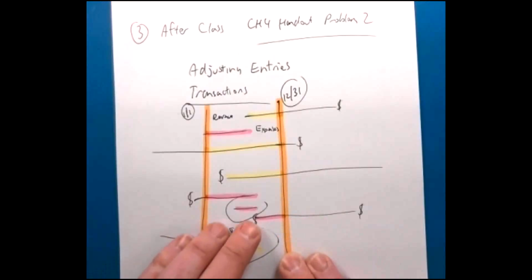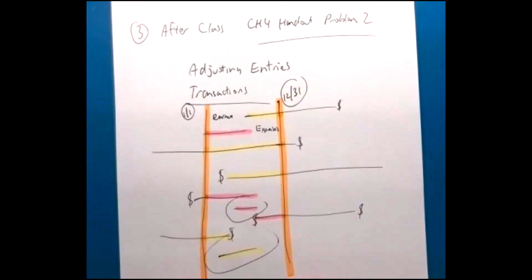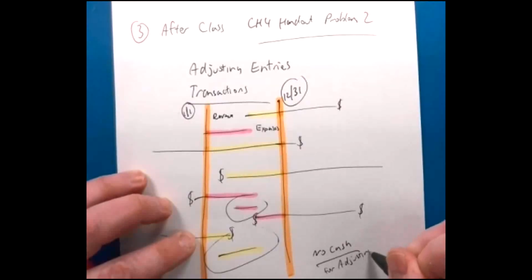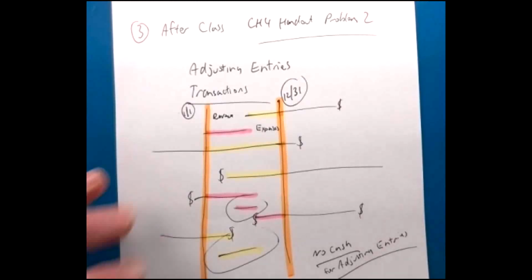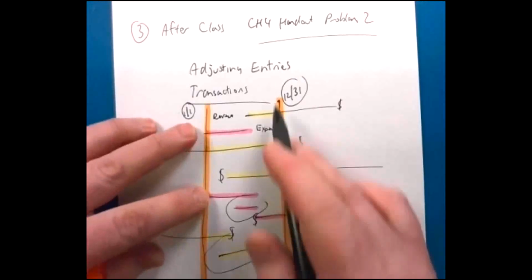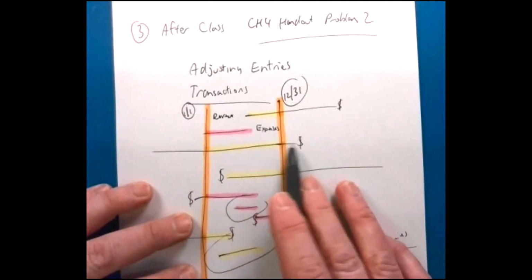I mean, paid ahead of time, it could be paid later, but when we're making the adjusting entries, there's no cash. Now, this is only for adjusting entries. Obviously, we do use the cash account, but when we make the adjusting entries, there is no cash. It's either been paid ahead of time or it hasn't been paid yet.